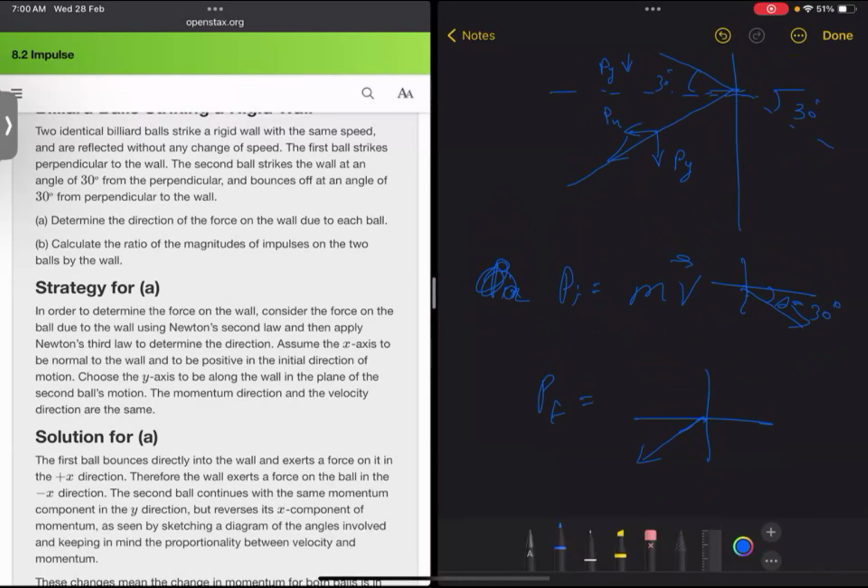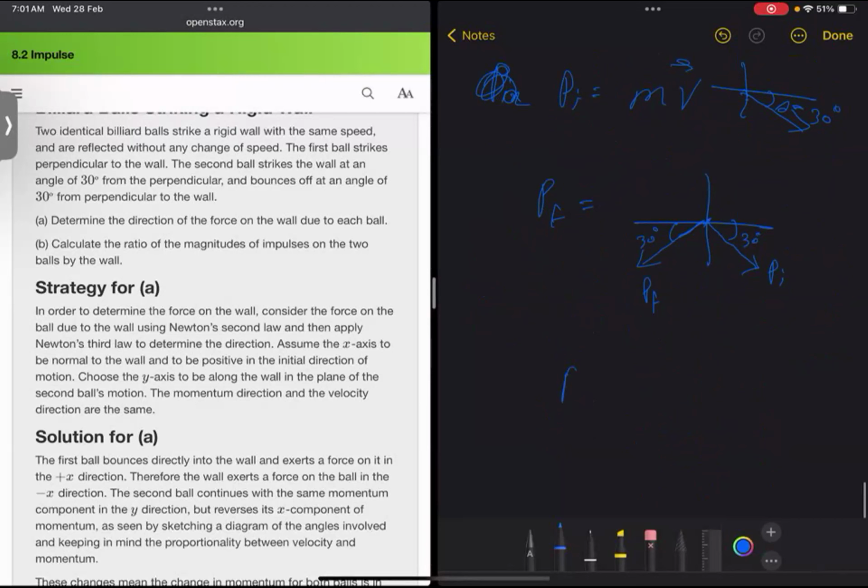See, if this is the final momentum, it makes an angle of 30 degrees with this. And the initial momentum was in this manner, making an angle of 30 degrees with this.